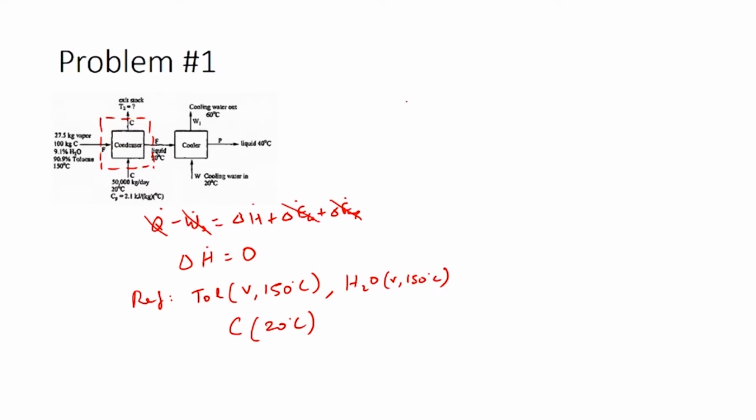So, the enthalpy table would have toluene, water and coolant, and we will have M in dot, H cap in, M out dot and H cap out.